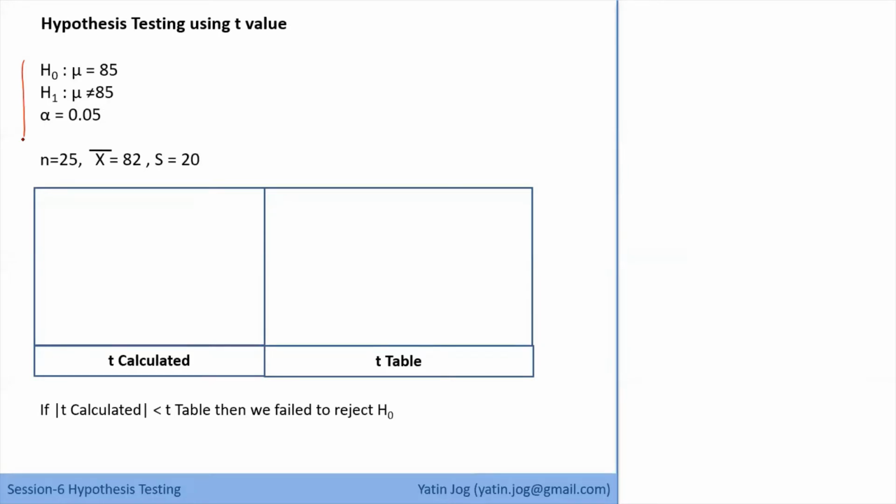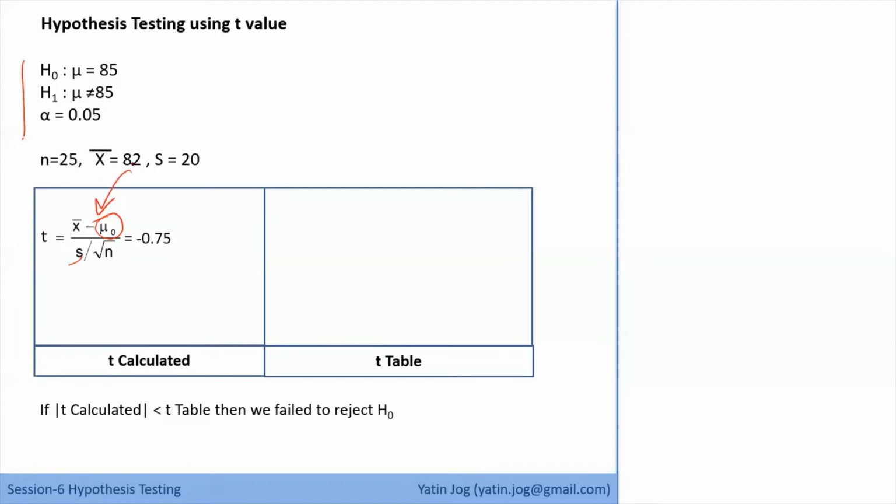Yesterday we discussed multiple methods of hypothesis testing, and their names and formulas. The formula for t is x bar minus mu naught divided by s upon root n. The only change is, because now we are into sample handling, not population parameters, mu becomes mu naught, sigma becomes s, which is the standard deviation of the sample, and x bar is directly given to you.